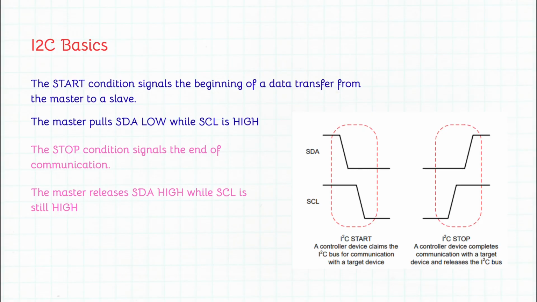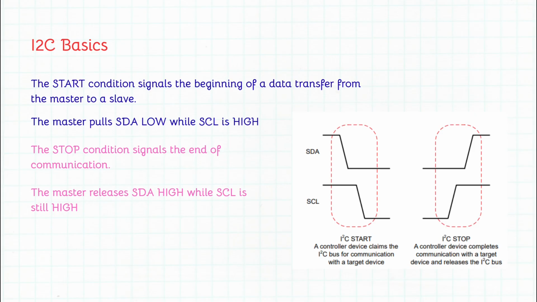Here is the basic of how the two lines communicate. We need one start condition for saying that the protocol has started, and a stop condition to say that the information has been received. These two conditions are made by the two lines, one data line and one clock.